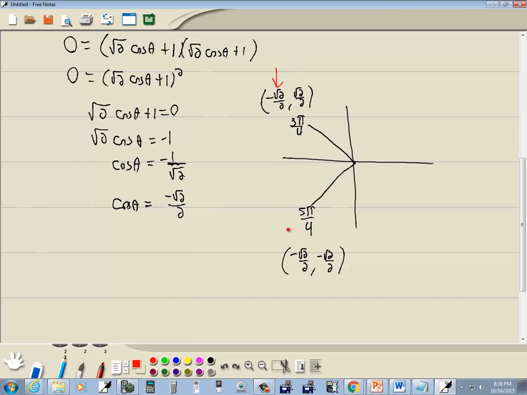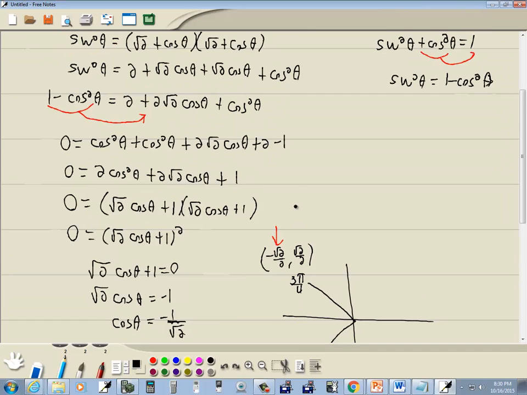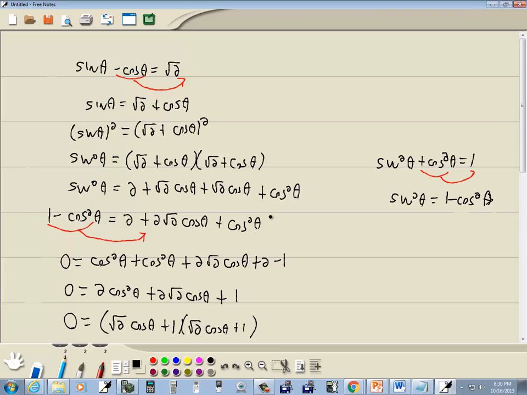Cosine is our x part of our point. So it looks like both of these would be our answer. So we got theta is equal to 3 pi over 4 and 5 pi over 4. But we do need to plug those back in and see if they check.